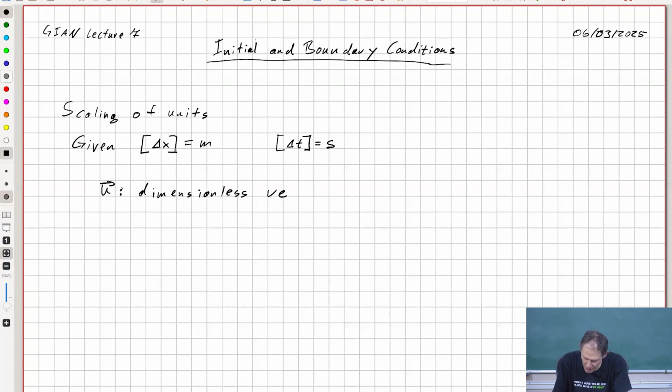So this would be the dimensionless velocity u, and we would use u star as the dimensional velocity. The dimensionless ones we also call lattice units.